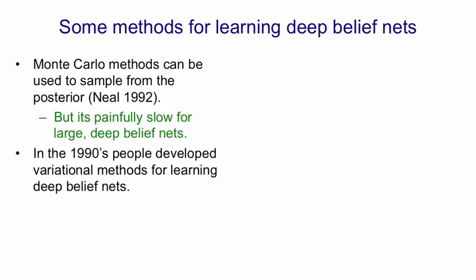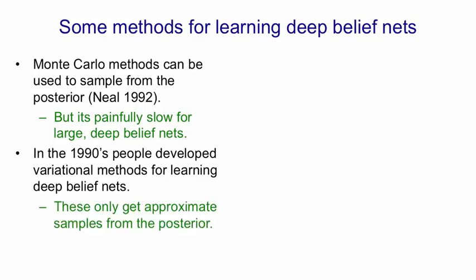In the 1990s, people developed much faster methods for learning deep belief nets, which were called variational methods. In fact, this is where variational methods came from, at least for the artificial intelligence community. The variational methods give up on getting unbiased samples from the posterior, and they content themselves with just getting approximate samples, that is, samples from some other distribution that approximates the posterior.